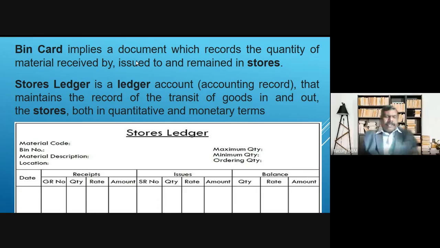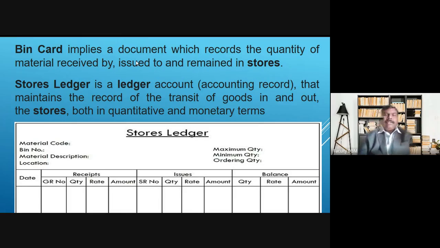In traditional offline classes, we used to write present, absent, and total on the board, P, A, T, making columns to show how many are present, how many are absent, and the total in the class. In the same manner, a bin card records material inflows, then outflows, then balance.